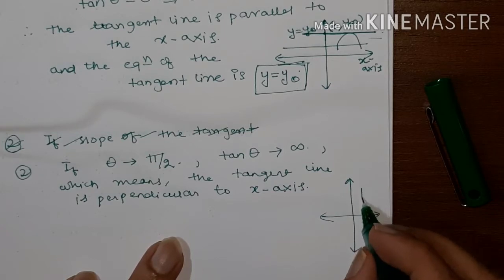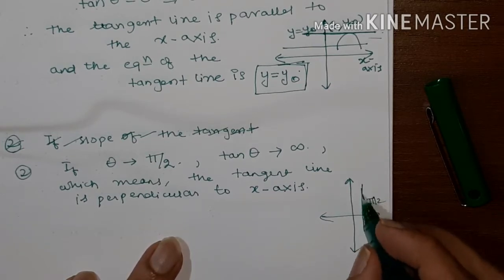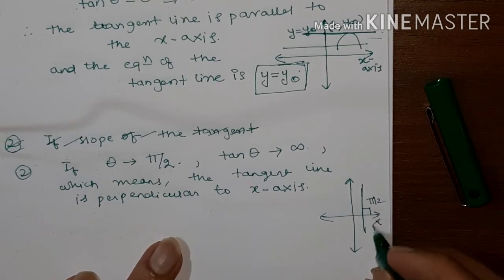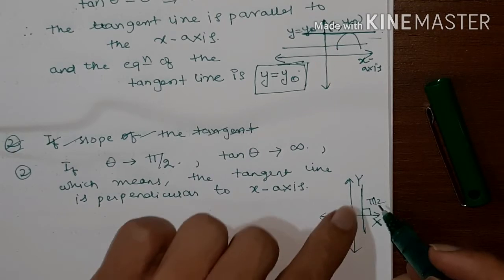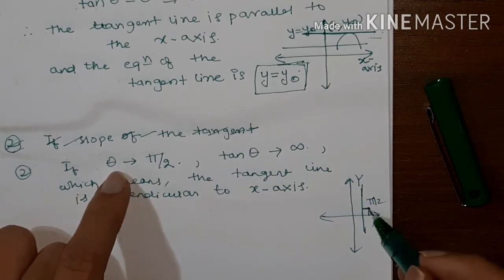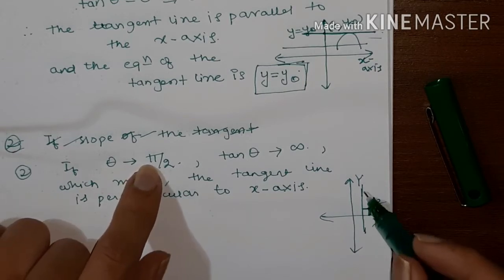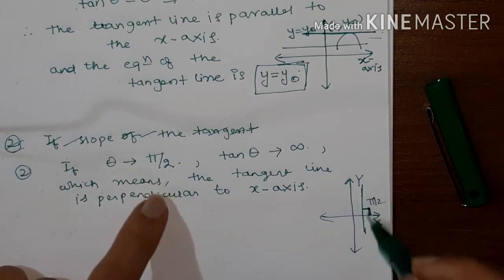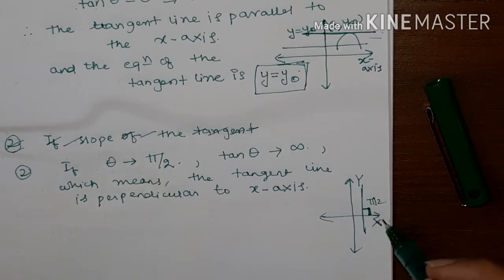You can see, this is the x-axis, this is the y-axis. So if theta is approaching pi by 2, that is very close to pi by 2, that means the tangent line will be perpendicular to the x-axis.